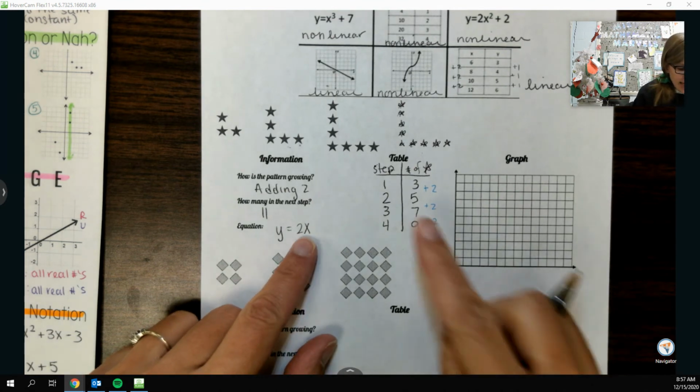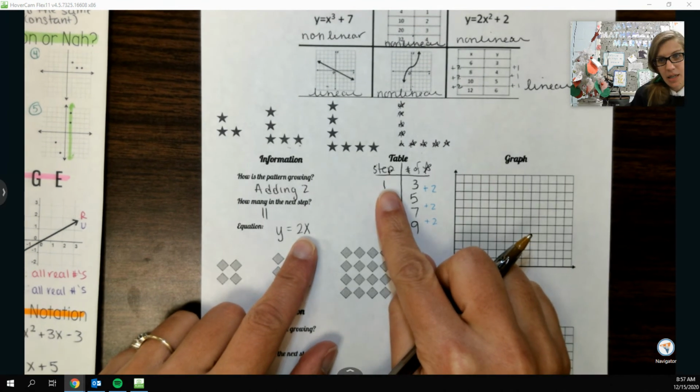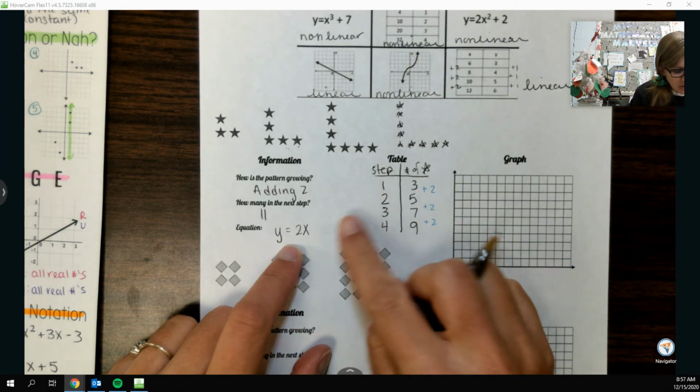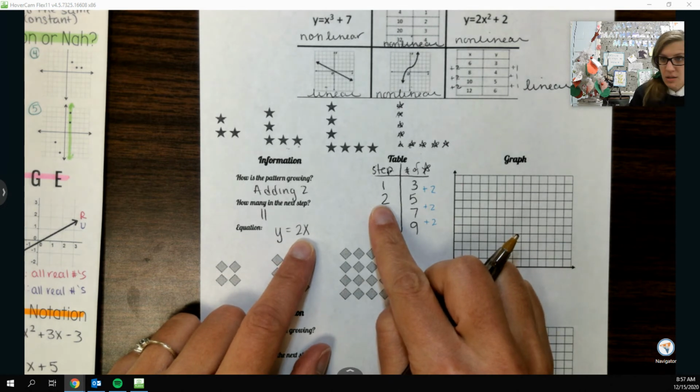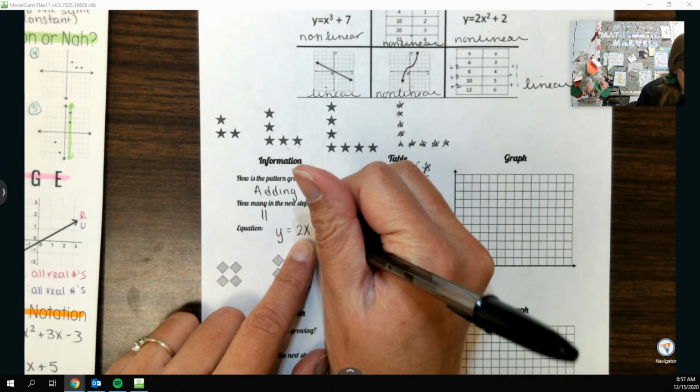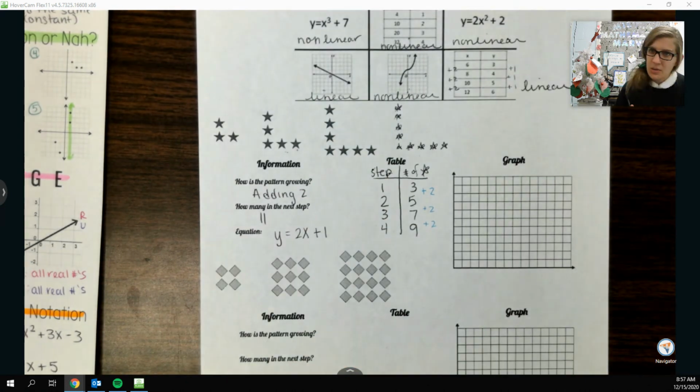But if I try this out, 2 times 1 is 2, but I was supposed to have 3. So I kind of need one more. And if I try with the next one, 2 times 2 is 4, but I have 5 stars, so I kind of need one more. So since I'm needing one more, I would just put plus 1, and then it all works out.